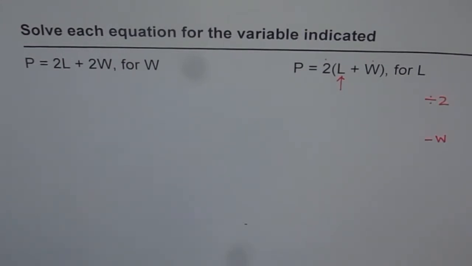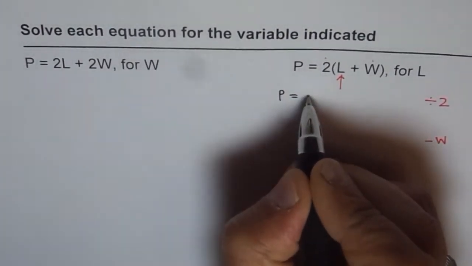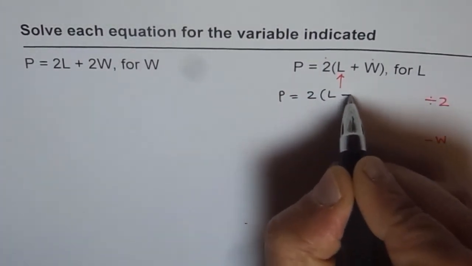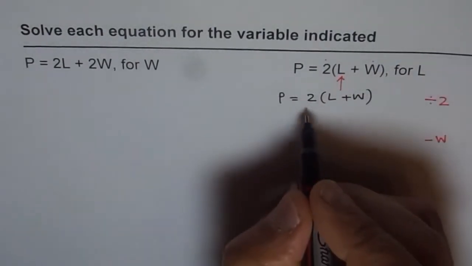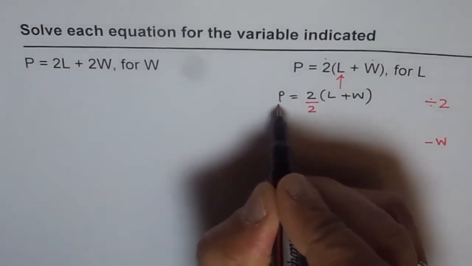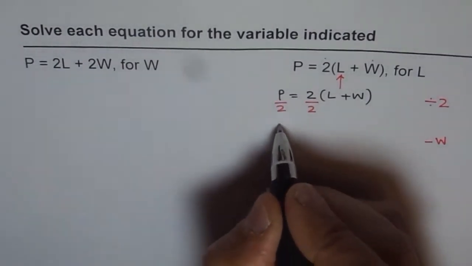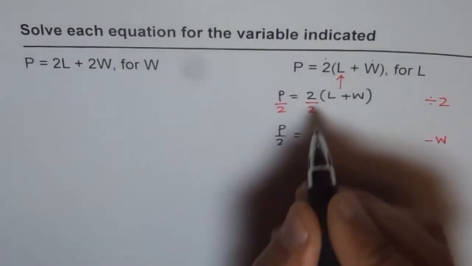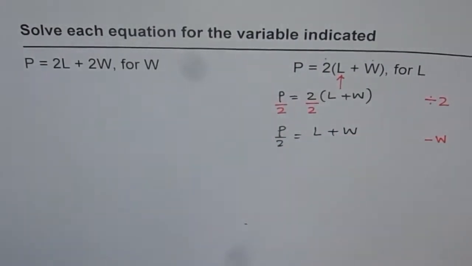So let's do them one by one. So we have P equals 2 times (length plus W), and as we decided, we will divide by 2 on both sides. Correct? So once we divide by 2 on both sides, we get P over 2 equals, 2 divided by 2 is 1, so we get length plus width. That's it.